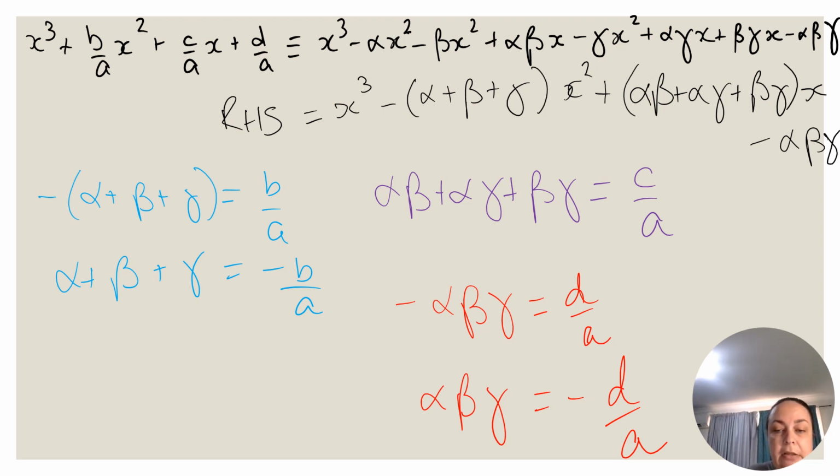I seem to get a pattern of negative, then positive, then negative, and so on. This will continue through the quartic and the quintic and so on. It will always be: sum is negative b on a, sum taken two at a time is c on a, and product is negative d on a. And then you get e on a, and then negative f on a, and so on.